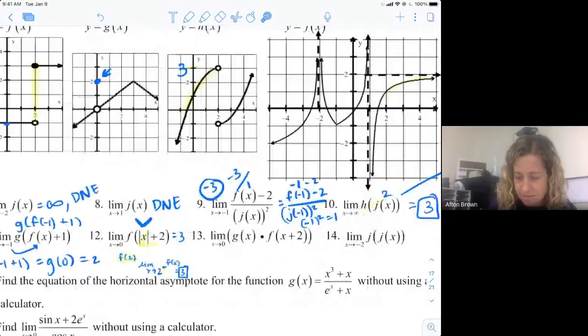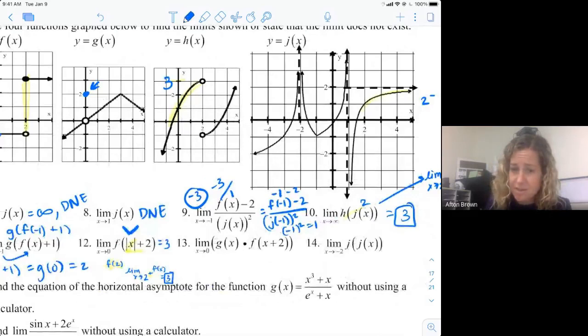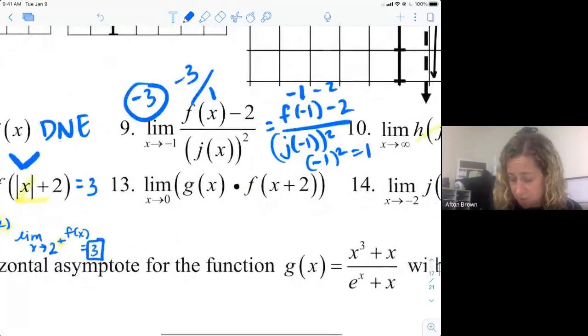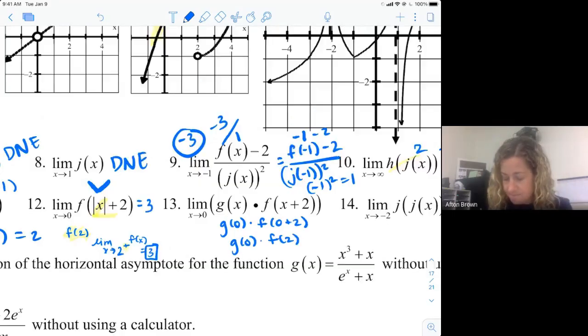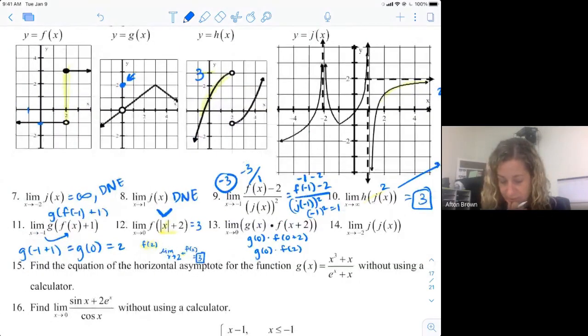Okay, that makes sense. Well, let's try 13. So I'm going to try the easy way first. I always try to see if I can just get by with just substituting. So if I just plug in 0, I would have g at 0 times f at 2. But again, when I have that f at 2, it makes me think, well, in this case, it doesn't matter, because they're breaking it up into looking at it on both sides, but both sides are the same, so I don't think there's an issue.